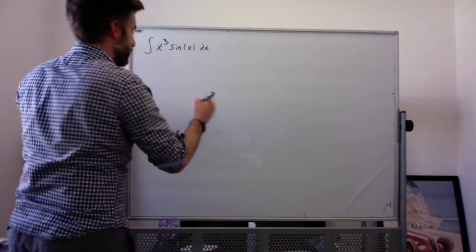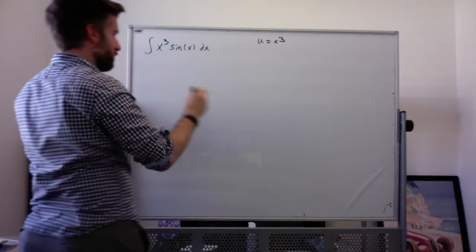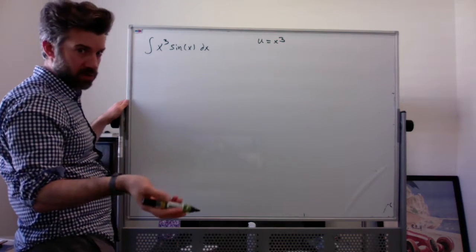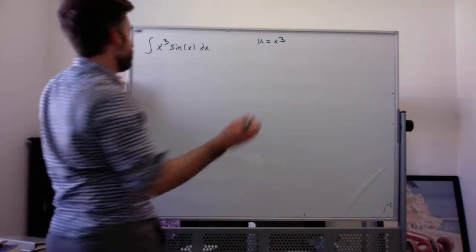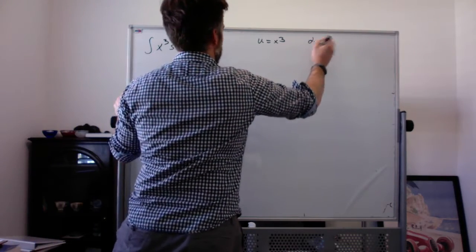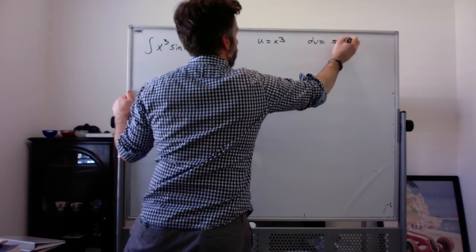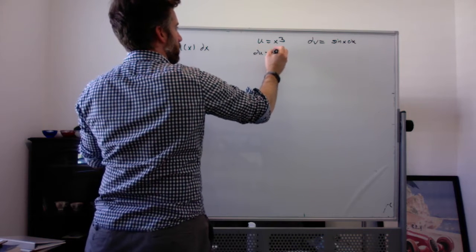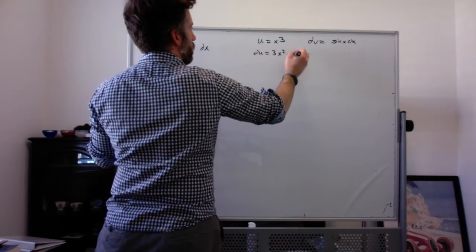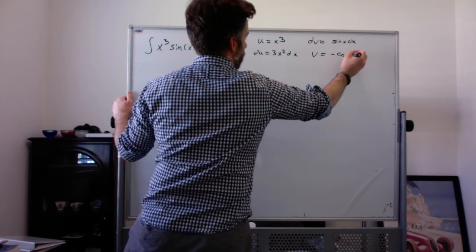So first step, u equals x cubed. Again, using LATE, u is the algebra term, x cubed. Trig, dv, so we didn't get the trig because we stopped it. So my dv is sine of x dx. du is 3x squared dx, v is the antiderivative of sine, which is negative cosine of x.